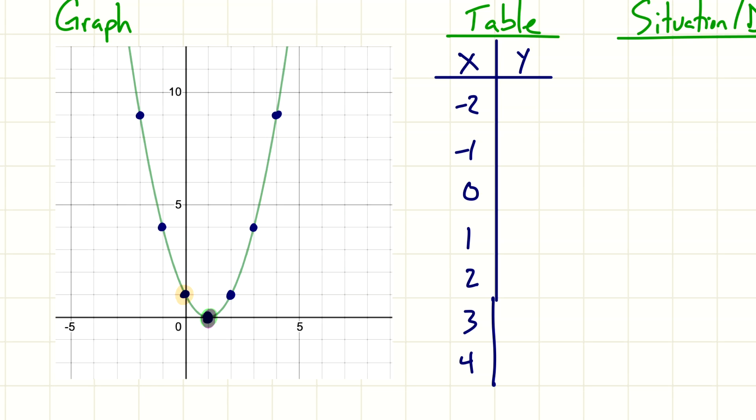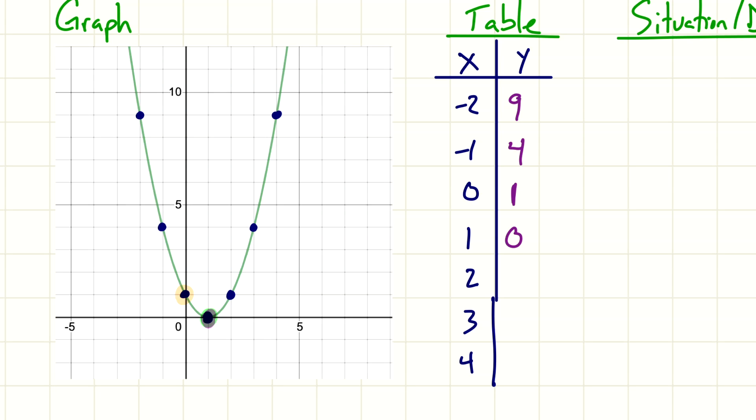For this first point up at the top, this is going to be at 9. So I'm going to put 9. The second point is going to be at 4. And then 0 is at 1. And then at 1, we're at 0.